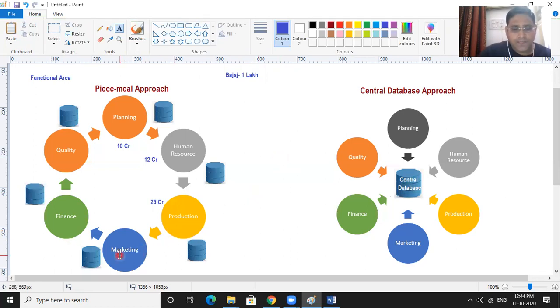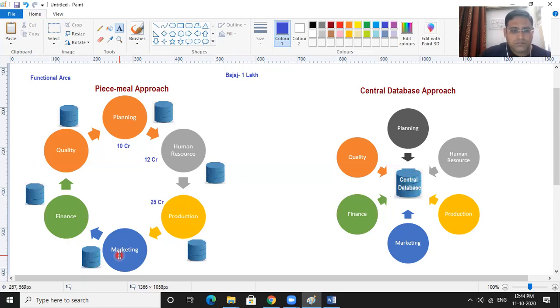And after that, the file goes to the marketing department. The marketing department will say that we have to do promotional activities for Pulsar bikes, because there are so many players now. We have KTM, Bullet is also coming with new versions, and Yamaha and Suzuki are also playing very well, and Honda is again there. So we have to do target marketing and digital marketing, lots of campaigns, so it will cost.